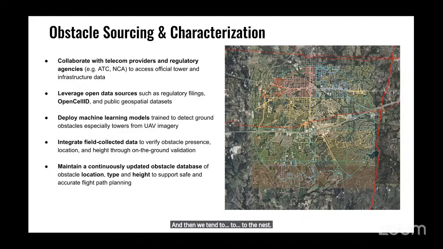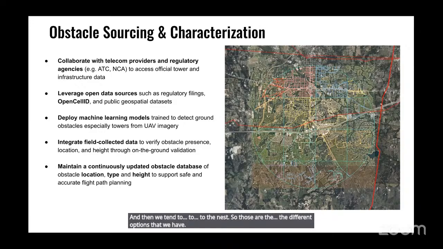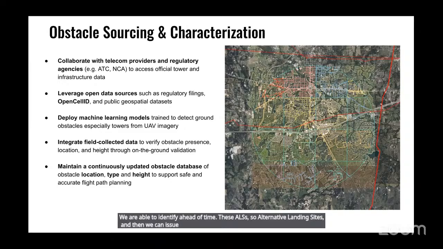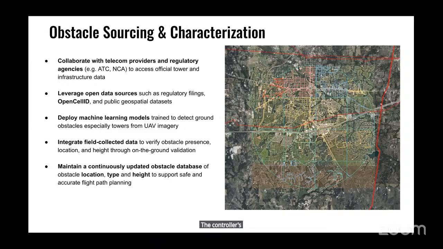Those are the different options that we have. To answer your question specifically about alternative landing sites, we are able to identify these ALSs ahead of time, and then we can issue a command from the controller's end to say go to the nearest alternative landing site. It gets there, and then it parachute lands.